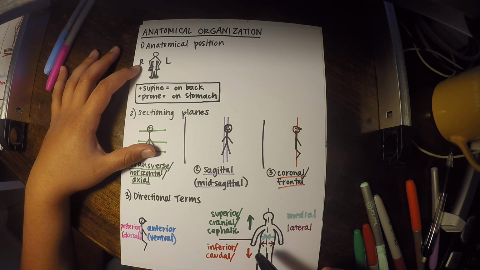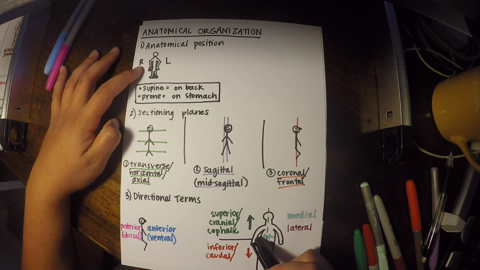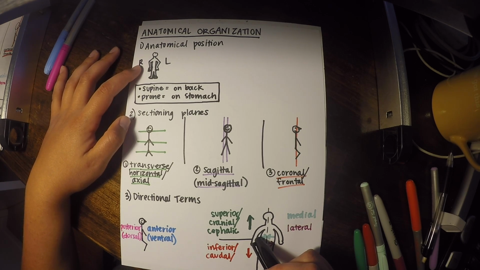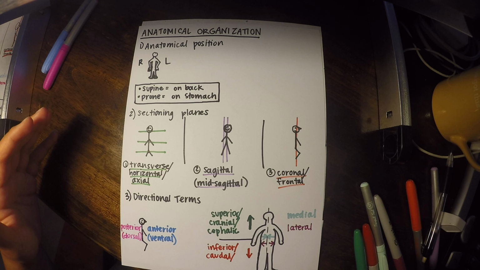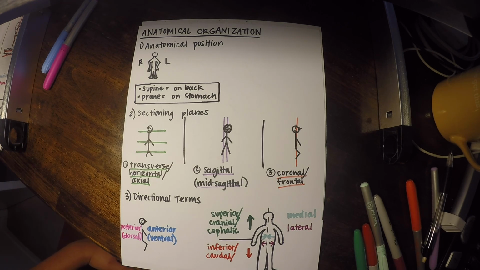Even if they're lying down with their arm over their head, their shoulder is always superior to their elbow because we're always referencing everything in terms of anatomical position, no matter how the person is standing or sitting or lying in front of us. Now we have a few more terms to review that are just important general anatomical terms.